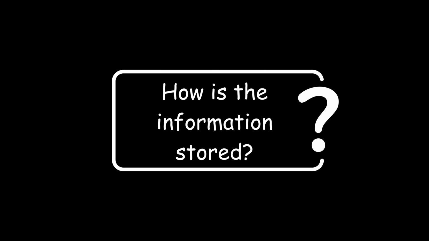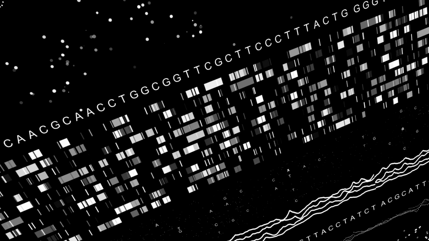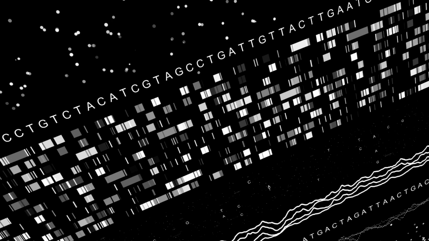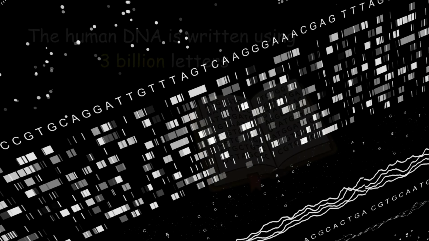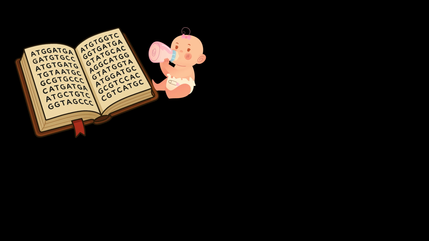How is information encoded in DNA? The secret lies in the order of those letters A, T, C, and G. The specific sequence of these letters is what stores the instructions. Human DNA is made up of about 3 billion individual letters that are arranged in a very specific order.